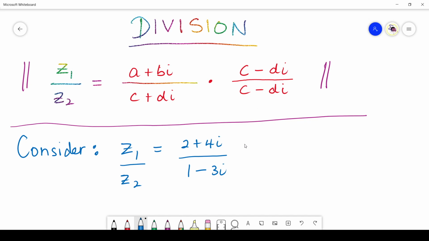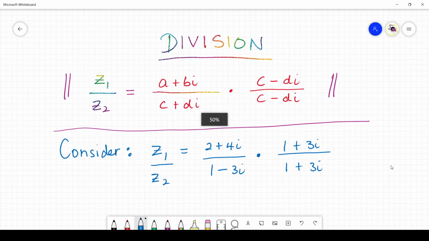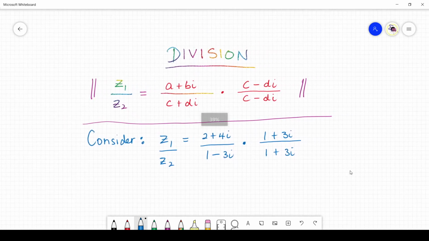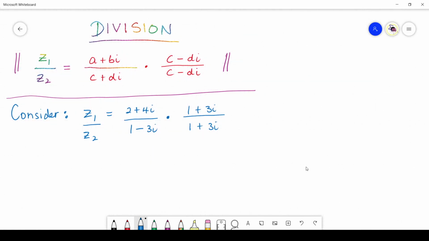According to the rule, you observe your denominator and multiply top and bottom by its complex conjugate. Recalling what a conjugate is, you just change the sign in the middle, and that's about it. I'm going to minimize this so we can go straight across instead of top and bottom.